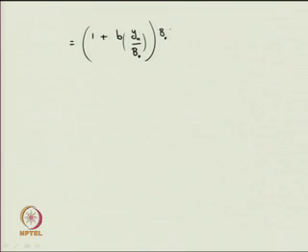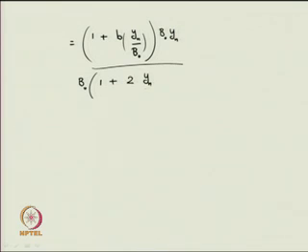I can write it as 1 plus small m into y n by b naught, the whole thing multiplied by b naught into y n, divided by, taking b naught outside, b naught into 1 plus 2 y n by b naught root of 1 plus m square.